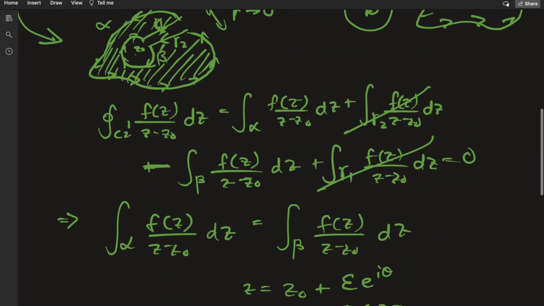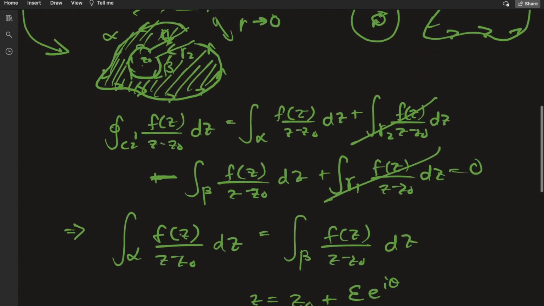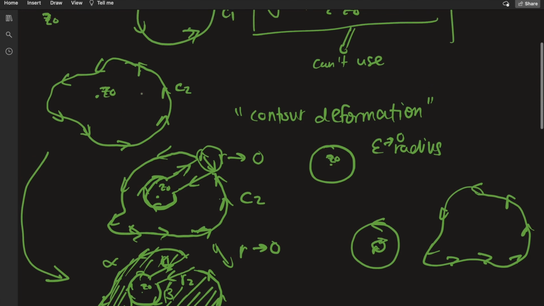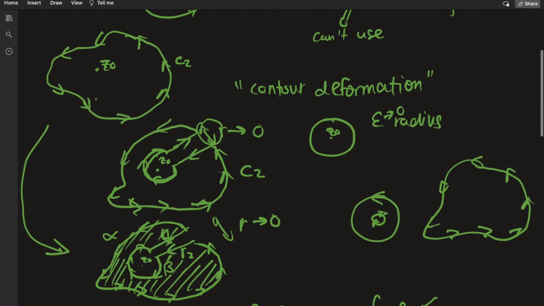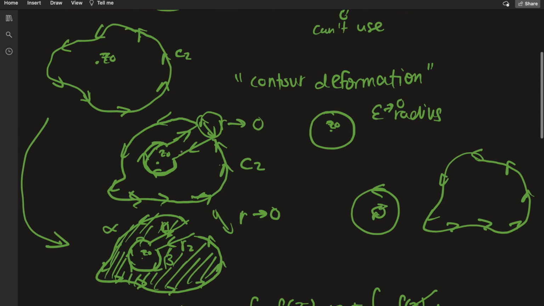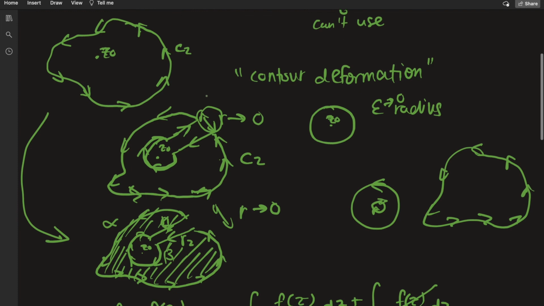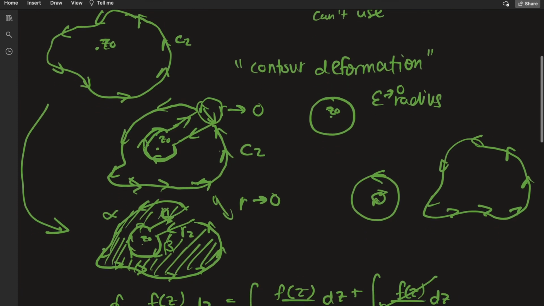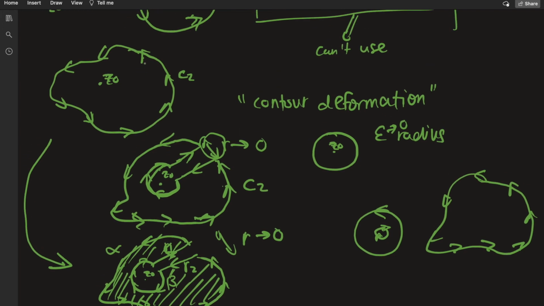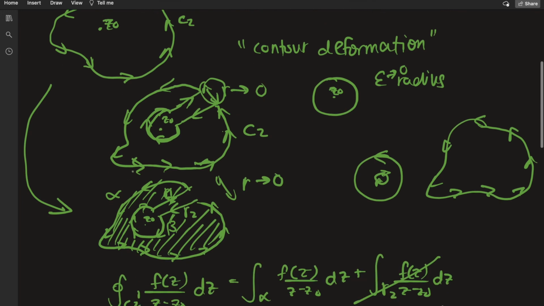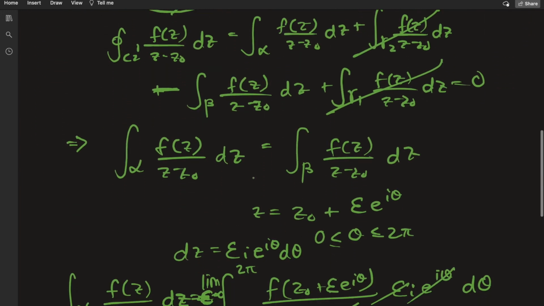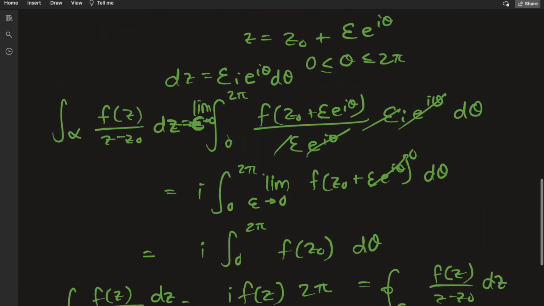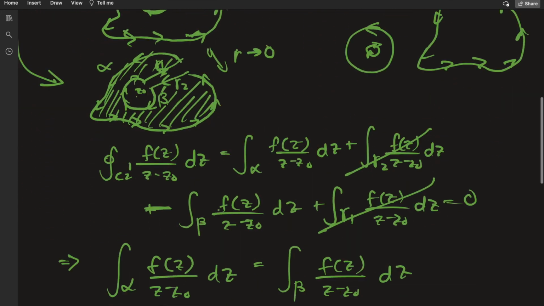Okay, I hope I didn't confuse you with all this contour deformation. What I wanted to do is, we had this original problem. We couldn't use Cauchy-Goursat. We did some contour deformation. We went in, circled around, came out, and went over the boundary and bridged the gap, and also made the radius of the circle shrink to 0, such that it's almost like we never introduced this inlet, circle, and outlet. So after all this deformation, we end up with C2 again.